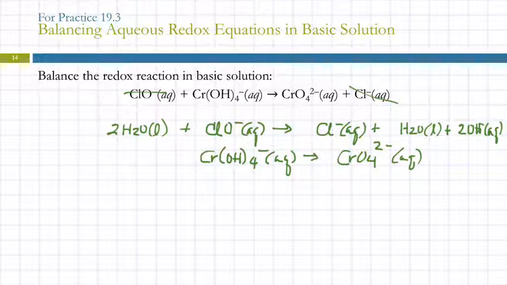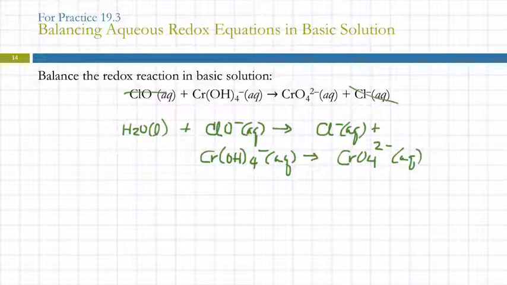And so I could simplify that by making it be 1 on this side and none on the other side. Okay? And I'm going to bring this guy over because he gets lost over there. 2OH minus.